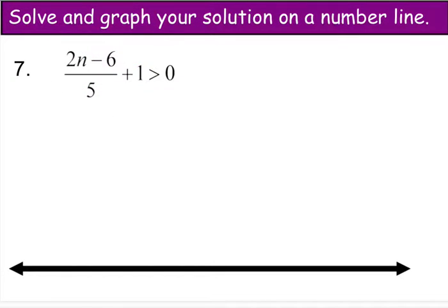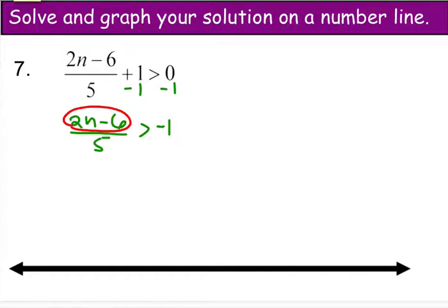So putting this into play here, I would subtract 1 because it's not part of my fraction that I'm working with right now from both sides. So 2n minus 6 over 5 is greater than negative 1. The key here is this. This whole thing you're dividing by 5.